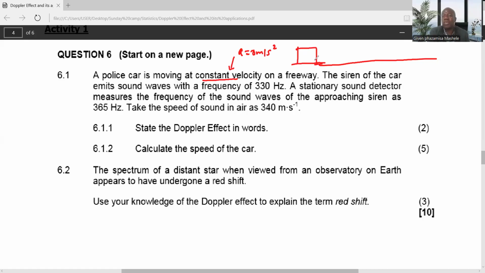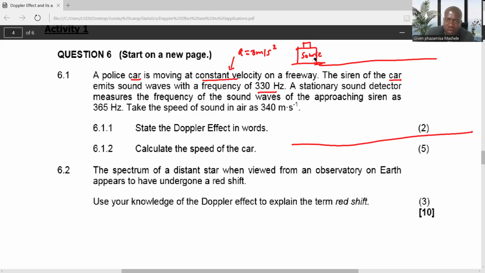We need to know, is this police car the source or the listener? The siren of this police car emits sound waves with a frequency of 330 hertz. So it means this is the source, because it's the one with the siren on it, which means we are given the frequency of the source. Let me try to draw it here so that you can see it nicely.